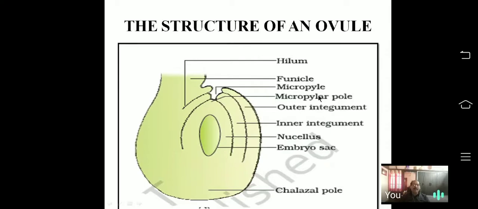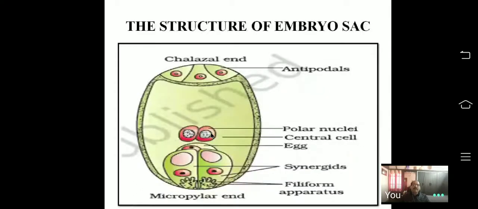Structure of an ovule. Next, we learn the details about this female gametophyte. Which do you call female gametophyte? Embryo sac is also called female gametophyte. See, this is the female gametophyte, the structure of the embryo sac.